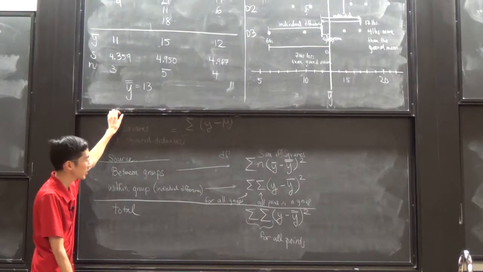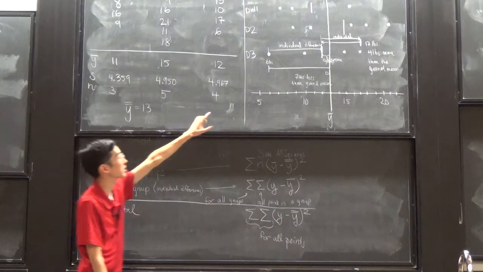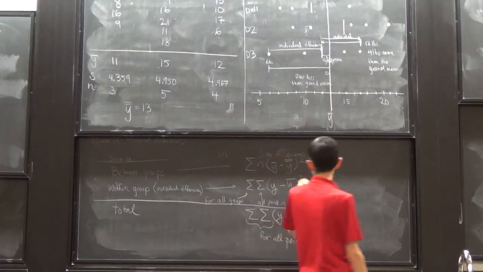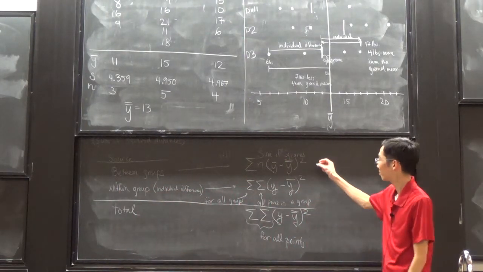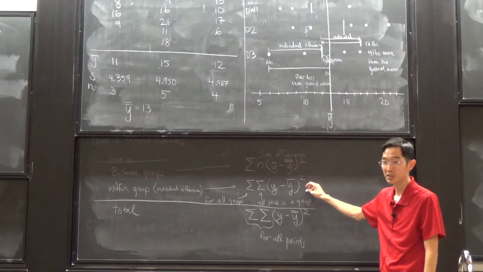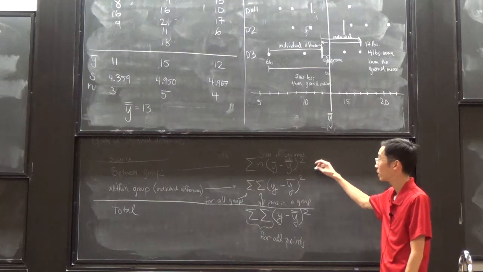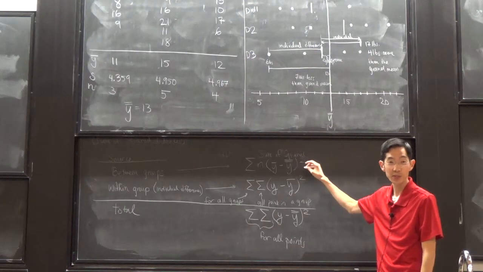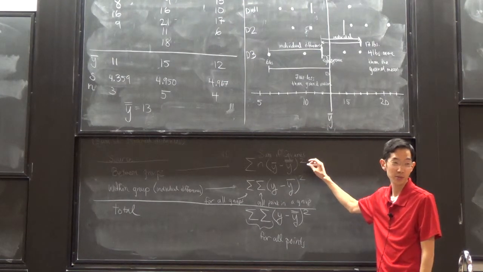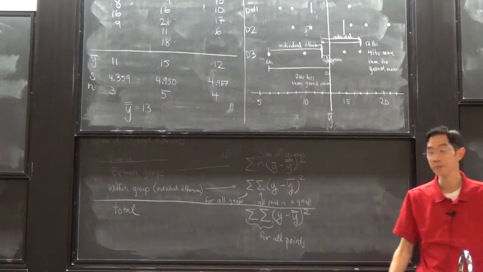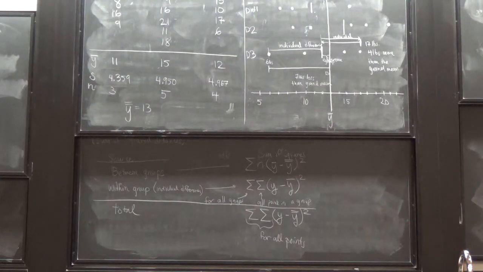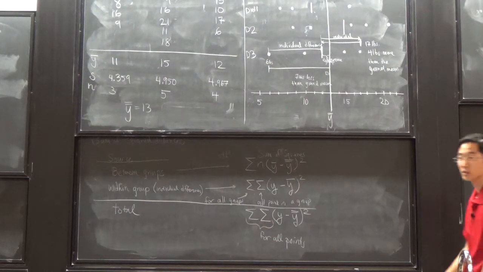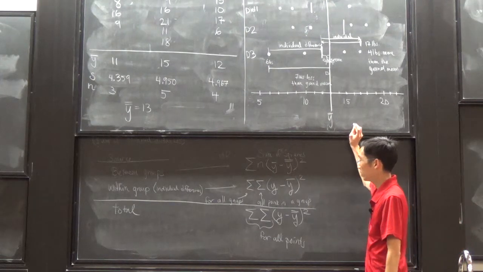So I'm breaking up the total distance into 2 parts. One is the individual differences within the group, and part of it is due to the fact that their group was different from the grand mean. Does that seem reasonable?